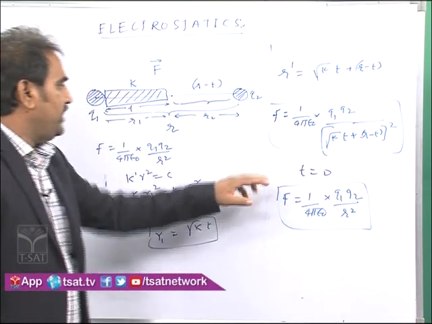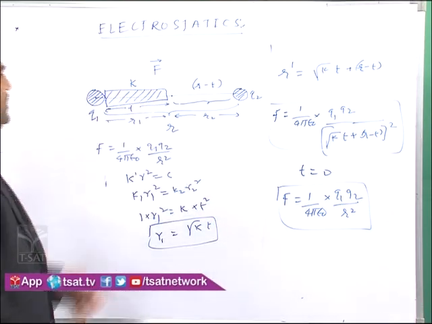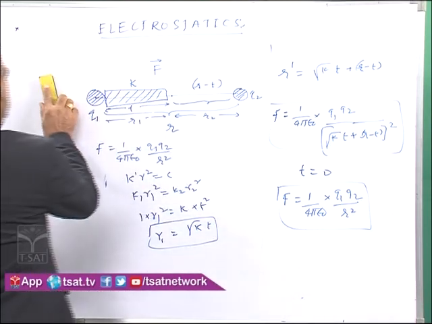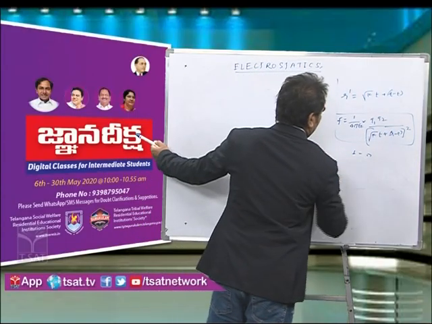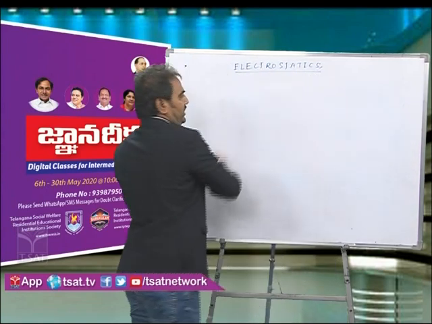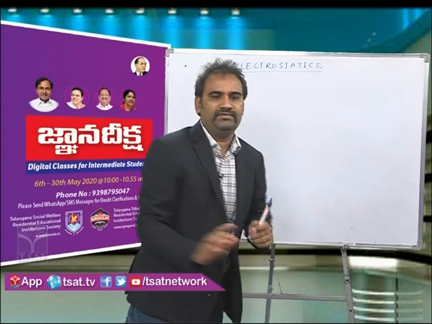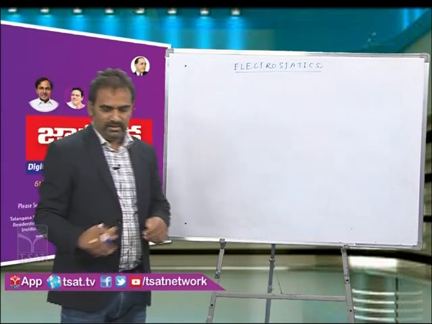When the dielectric is removed, the force increases. So this is the relation between the interaction force when a dielectric is placed between the charges and when it is removed. Next, on the interaction force, I shall discuss some problems.